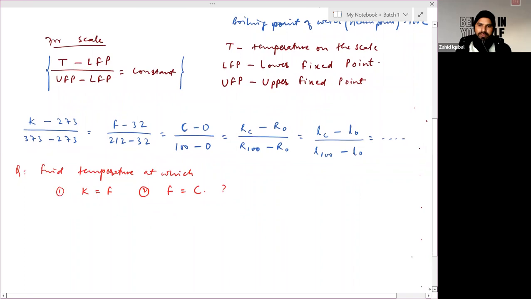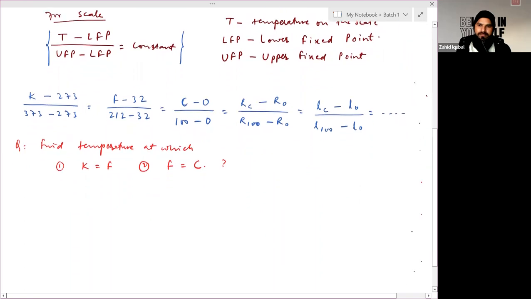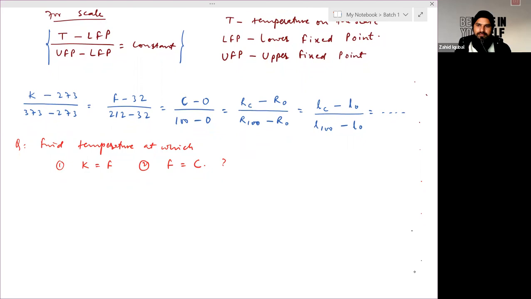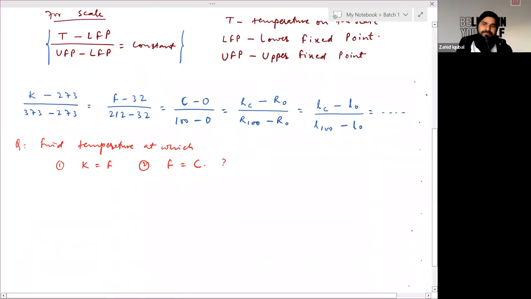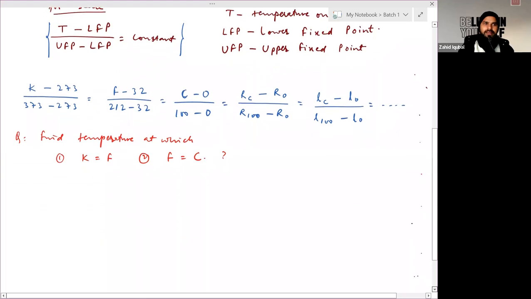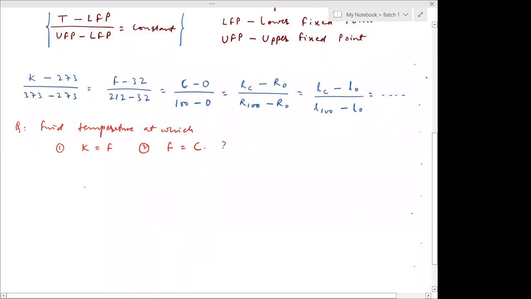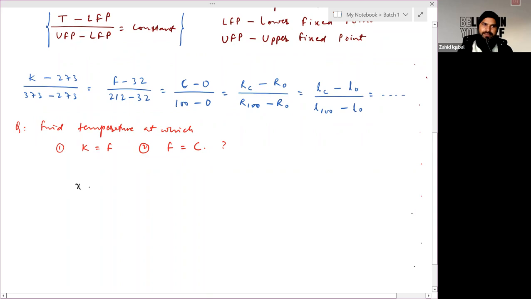Hamza, any problem while solving? Sir, we have to use the above formula, right? Yeah. Let's say for the first part, put the value of K to be X minus 273 divided by 373 minus 273 equals, similarly for F, X minus 32 divided by 212 minus 32.